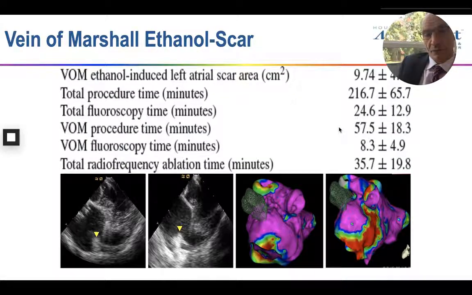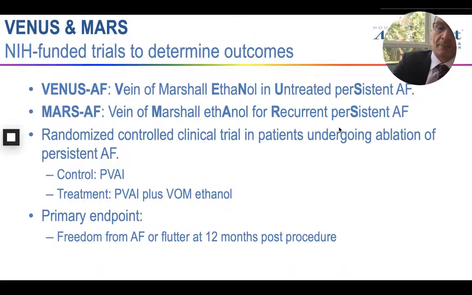It takes about 45 minutes to do and about 10 minutes of fluoro. That's the original experience, and that's been confirmed. Obviously, when you get more experience, you get quicker. We did not have any complications attributable directly to this procedure.